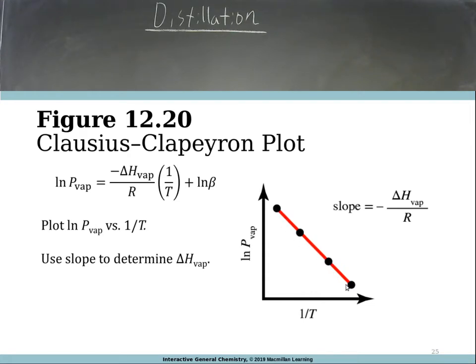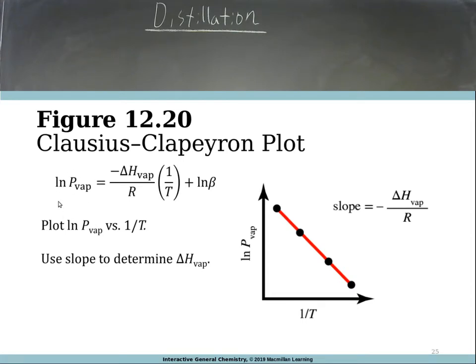And for an analytical chemist, you always want to do your best to get your data to fit a line. Curves are not as reliable as far as interpolating points between them and finding useful constants like the slope and the intercept. So that's why the Clausius-Clapeyron equation has this form.